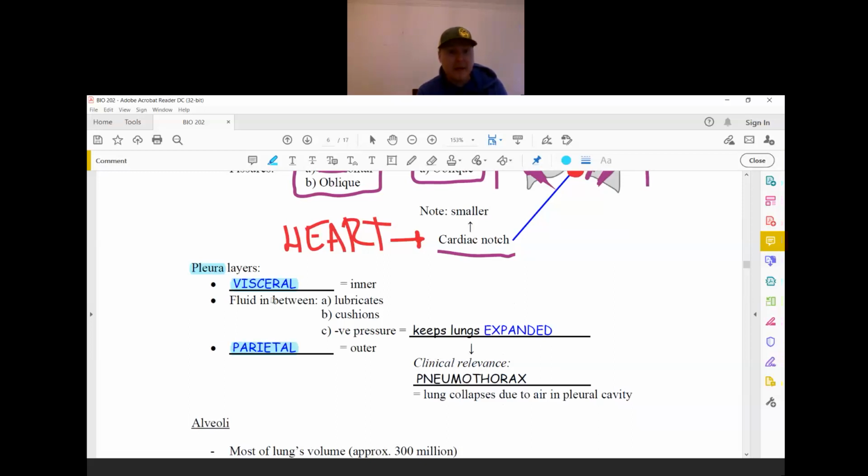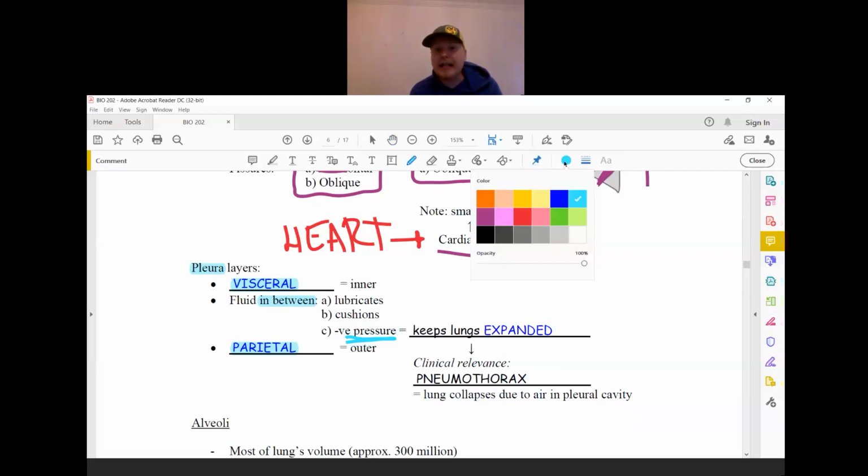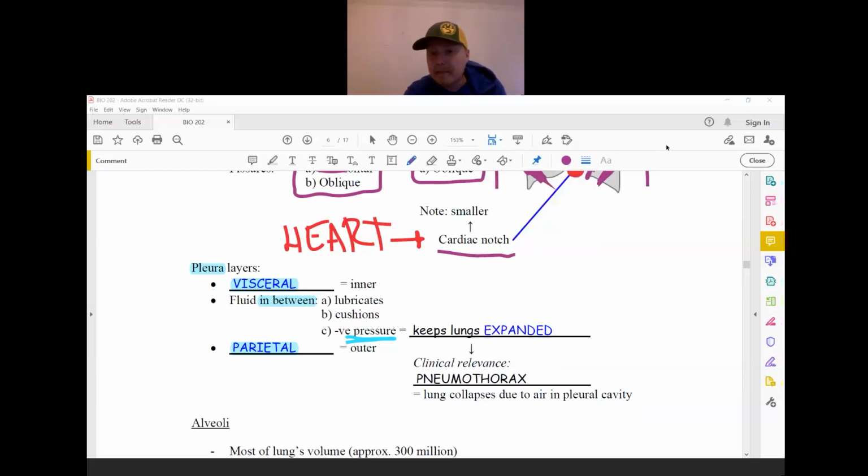And between them, we have this space where we find fluid, and the role of this fluid is to lubricate and cushion these layers, but most importantly, create the negative pressure, which keeps the lungs expanded so that they remain in their largest extended position as much as possible. So that's our lungs and a little bit of trachea nicely there.